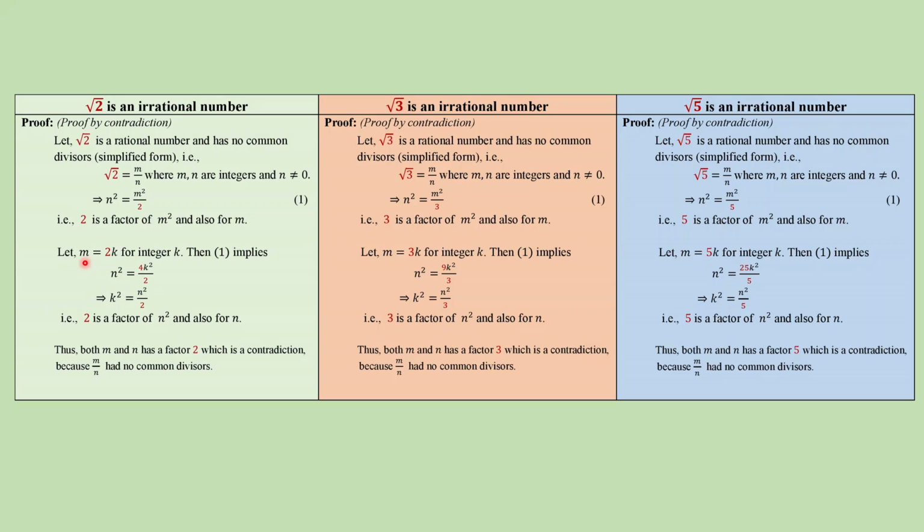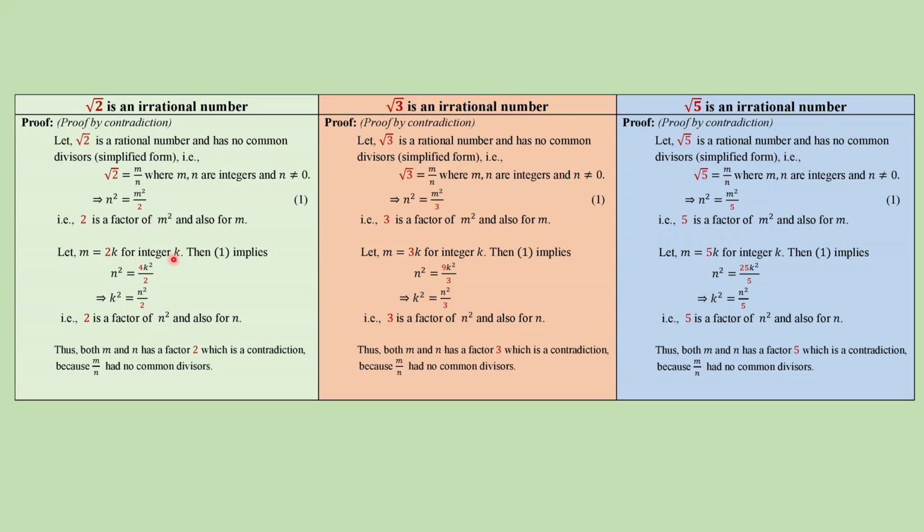So we can write m equals 2k for an integer k. Now if you plug m equals 2k into equation 1, then it would be n square equals 4k square divided by 2. Now if you cancel, it would be 2k square equals n square, and k square can be written as n square over 2.